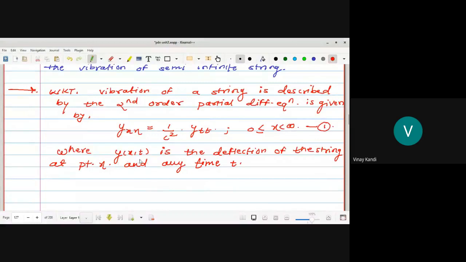So y of x,t is the solution of this differential equation, where t is the time.